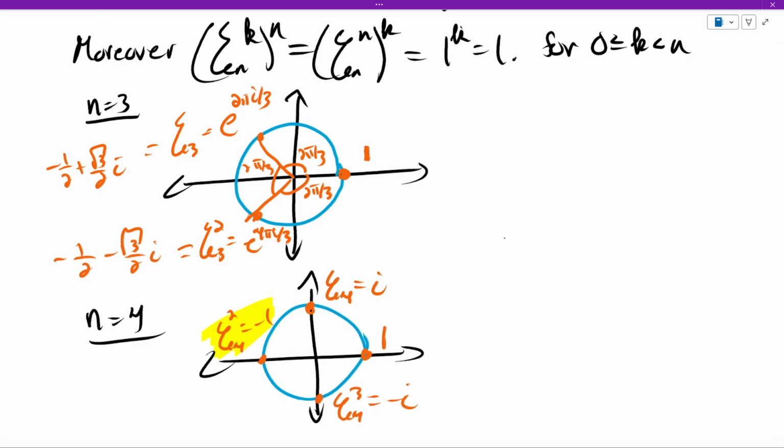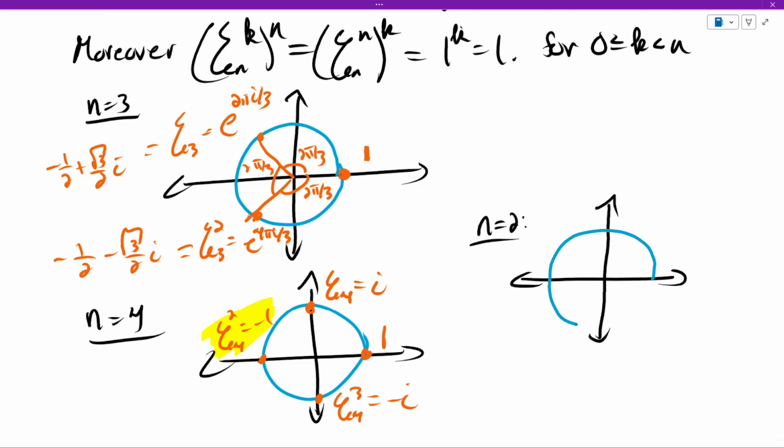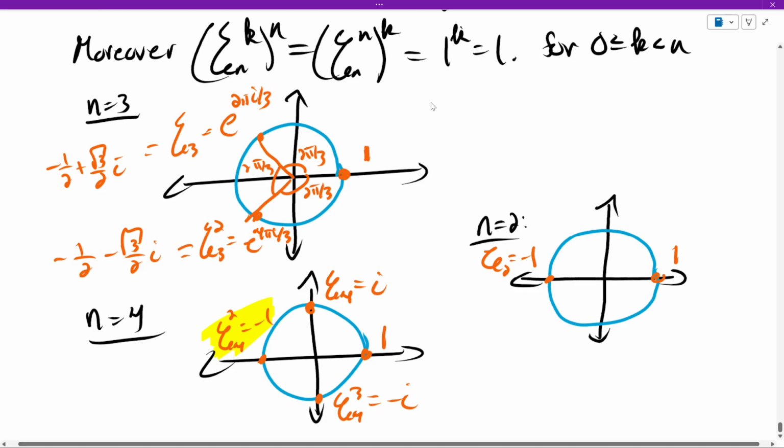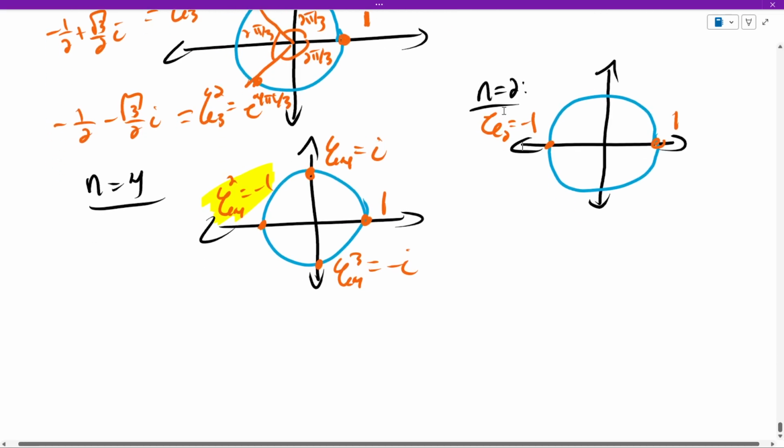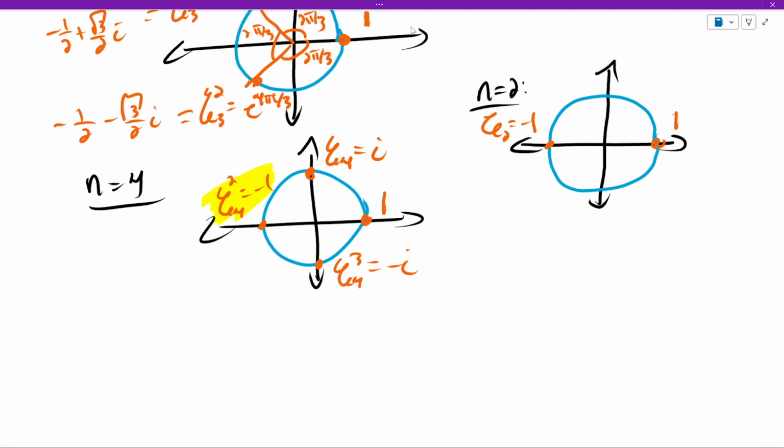It's interesting because if we were to look at n equals 2, that is looking at the square roots of 1, there's 2 square roots of 1, there's 1 and negative 1. So zeta 2 is negative 1. So zeta 4 squared was a previous zeta. It was zeta 2.